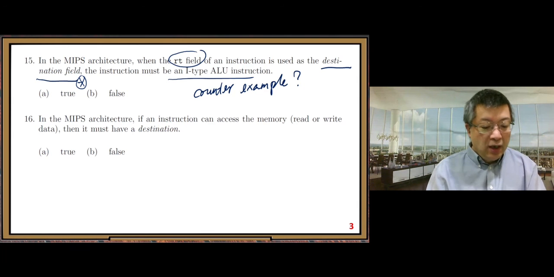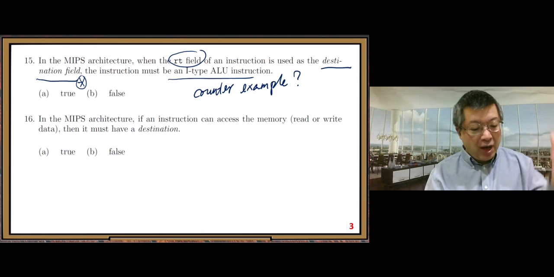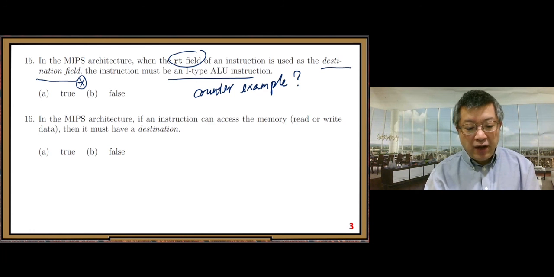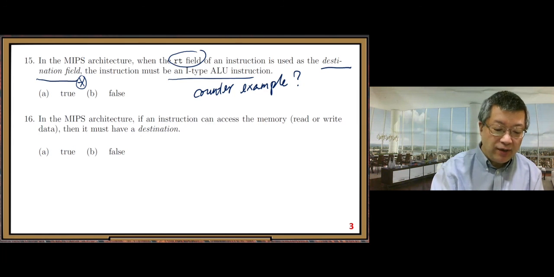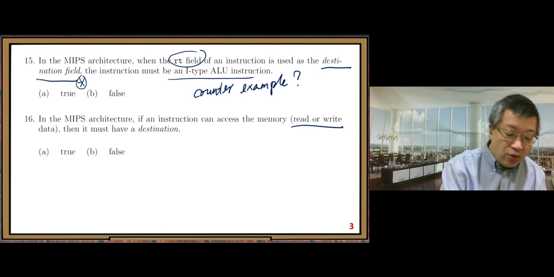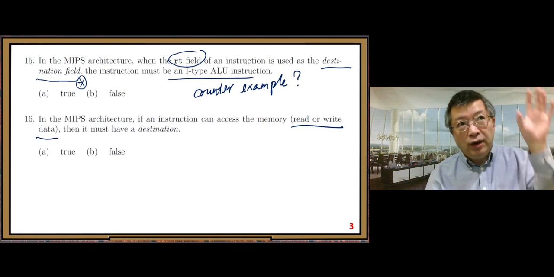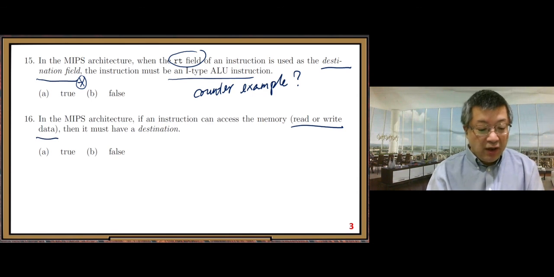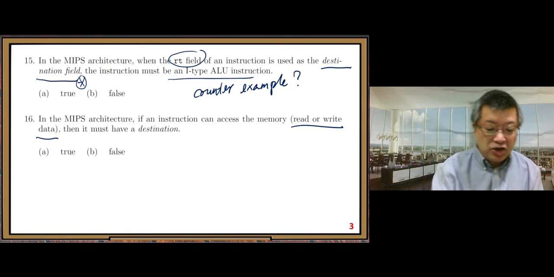The last one of video number 2. In the MIPS architecture, if an instruction can access the memory, read or write (only load and store instructions can access memory), then it must have a destination.